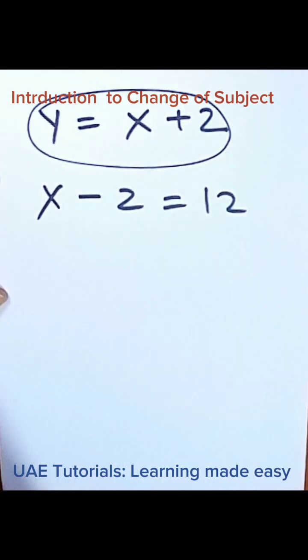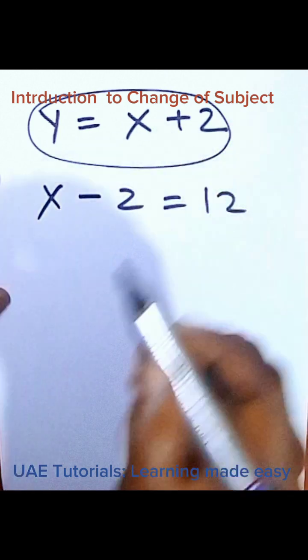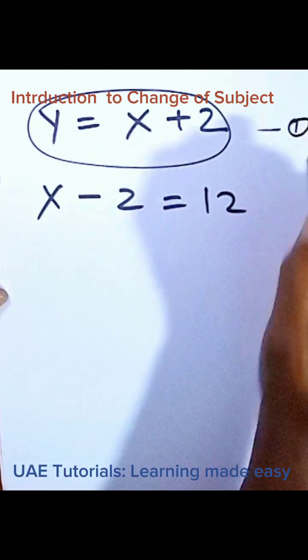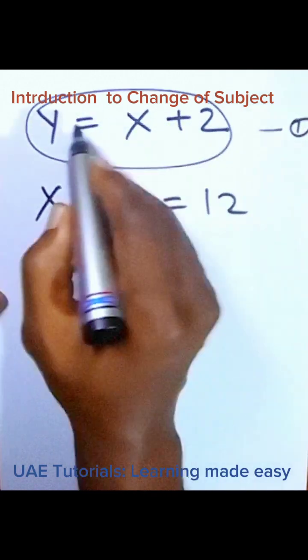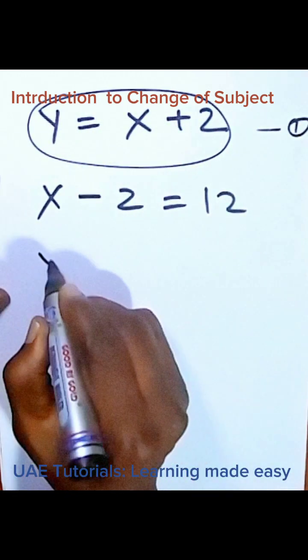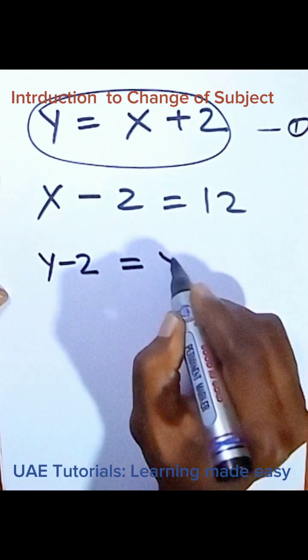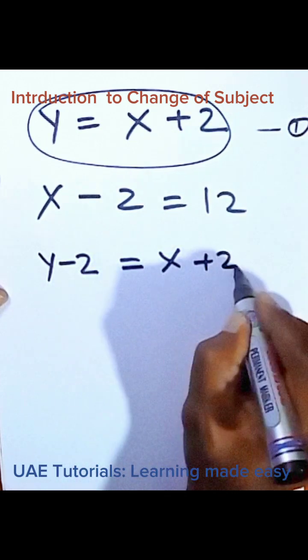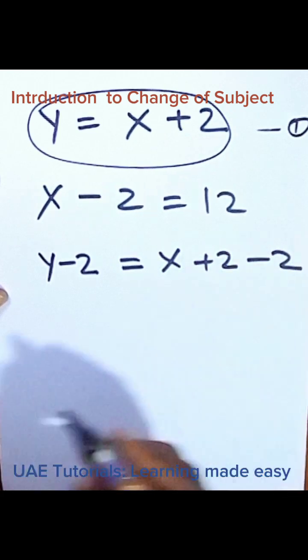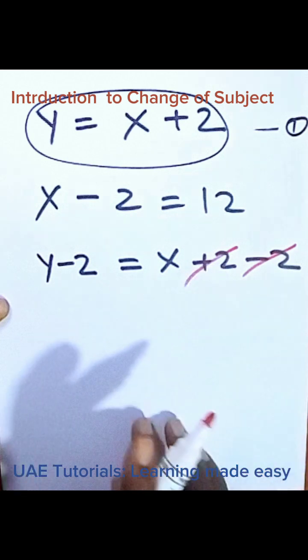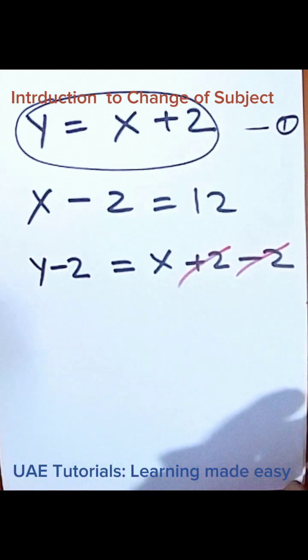Our first technique is this. We will subtract 2 from both sides of this equation. Let's call this equation 1. So we will subtract 2 from both sides of the equation. So y minus 2 equals x plus 2 minus 2. And when we do that, plus 2 and minus 2 will just go away.